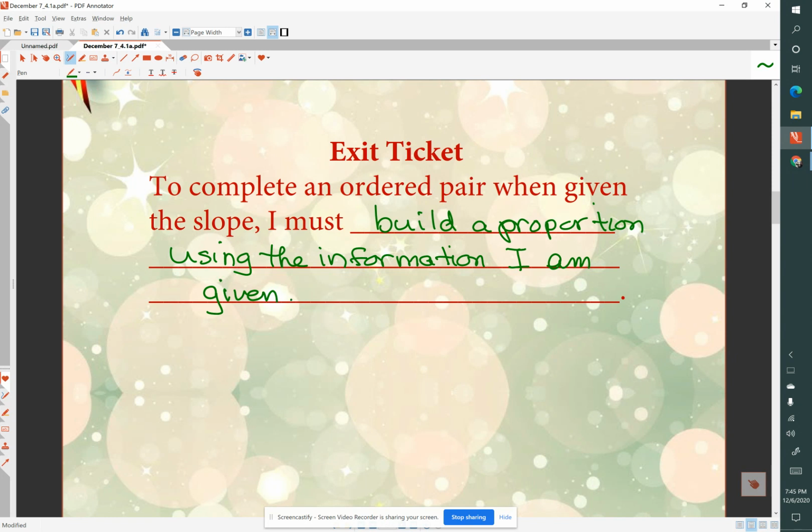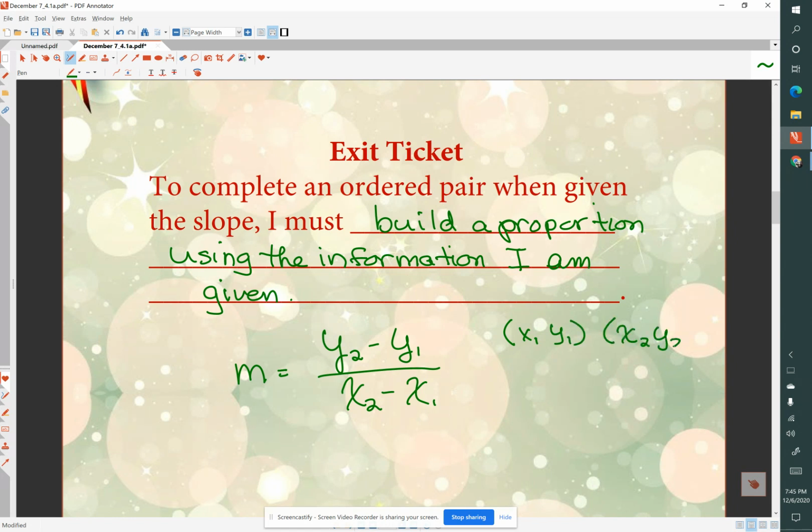And I want us to write the slope formula. M equals y2 minus y1 divided by x2 minus x1. You need to memorize this. This is your slope formula. Remember, you're going to use two sets of ordered pairs, x1, y1, and then you'll have an x2, y2 to build your formula. So that's our introduction to slope.